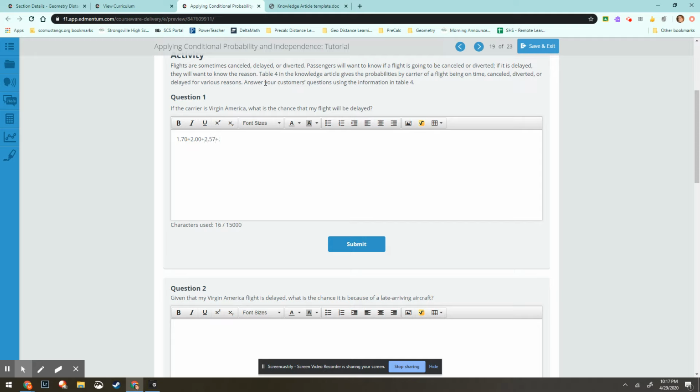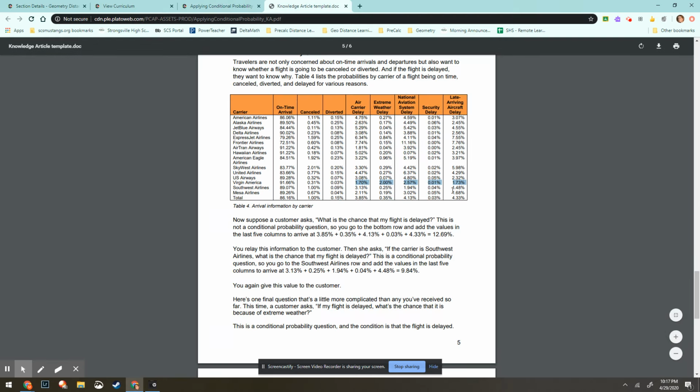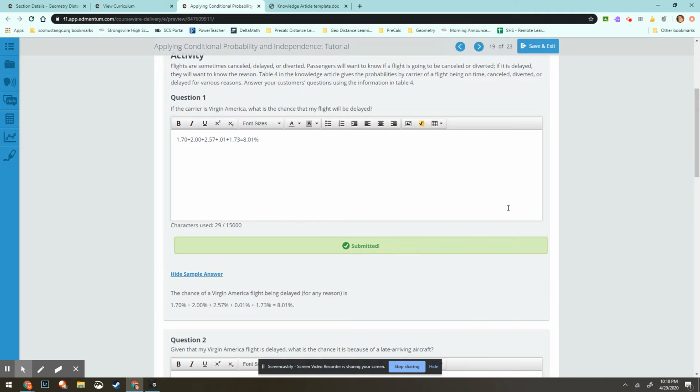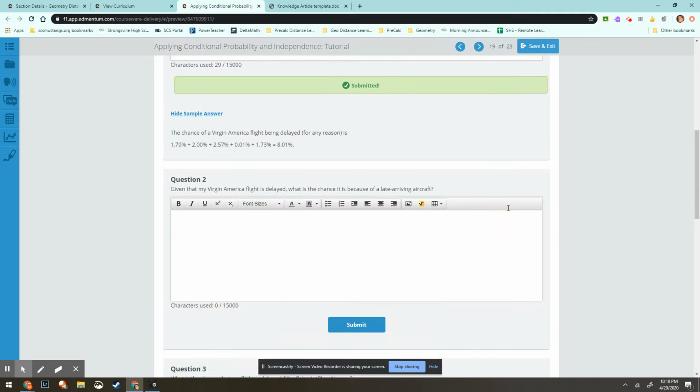And we had 0.01 and 1.73 for the rest, the security and the late arriving aircraft. If you add all of those up, you get 8.01%. That is the chance that your flight will be delayed, because you have to add up all the reasons.